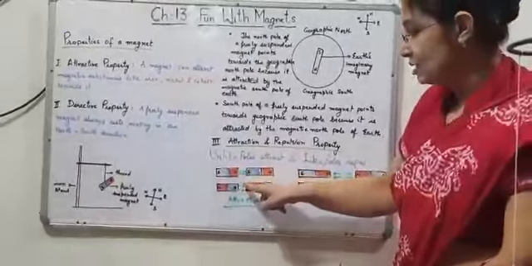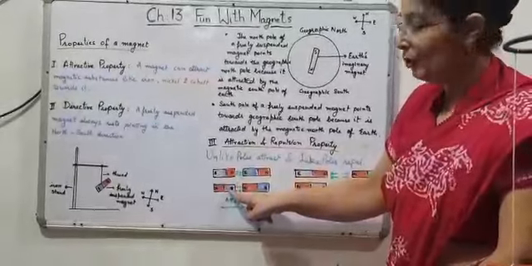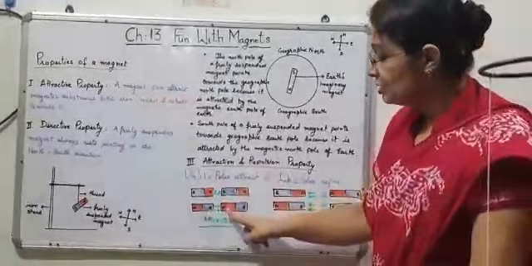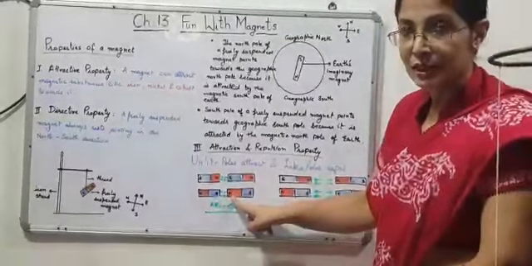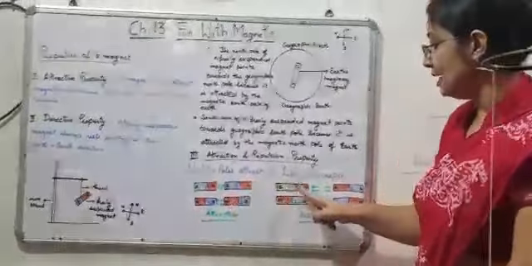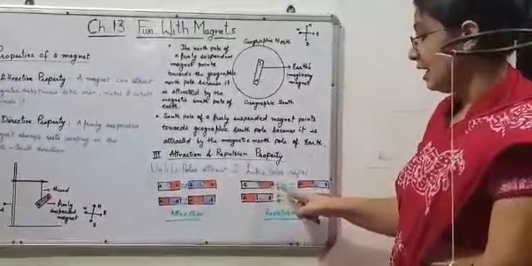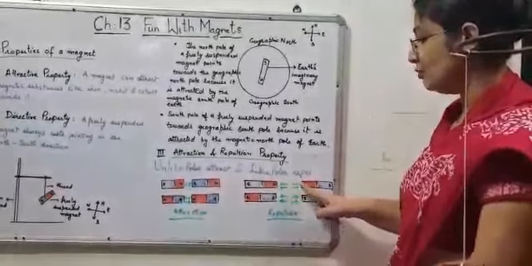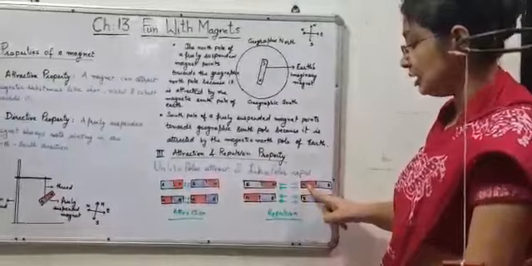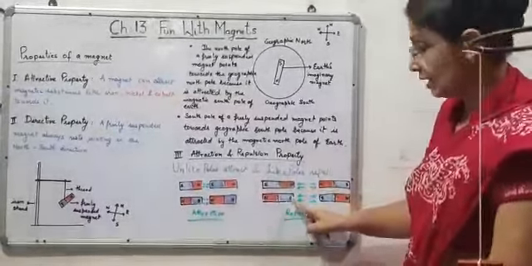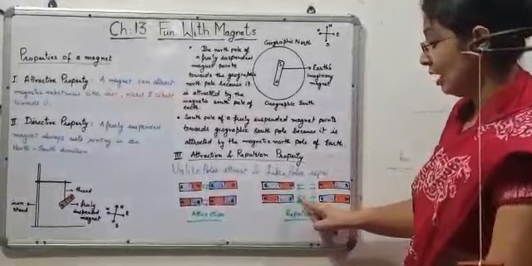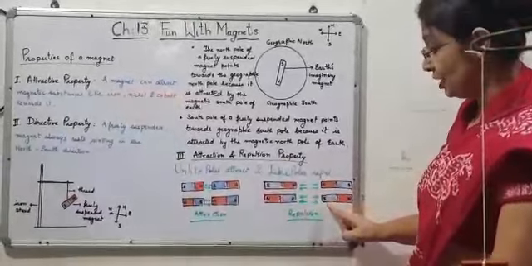Or vice versa, if we bring the south pole of this magnet towards the north pole of this magnet, there is an attraction between them. But if we do the exact opposite, that means if we bring the north poles of two magnets towards each other, there is a repulsion between them. Same thing happens if the two south poles are brought near to each other.